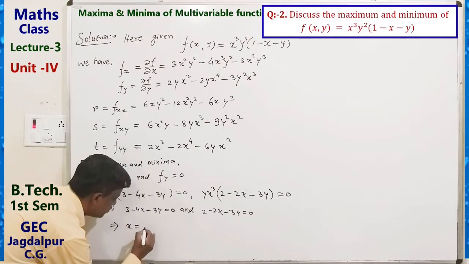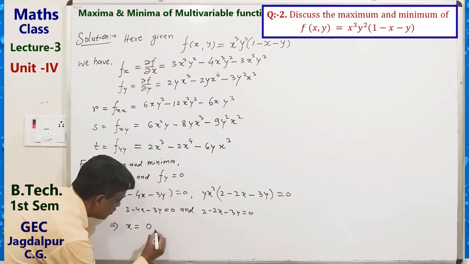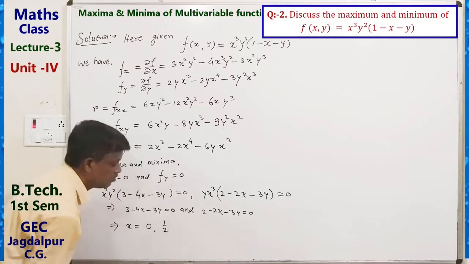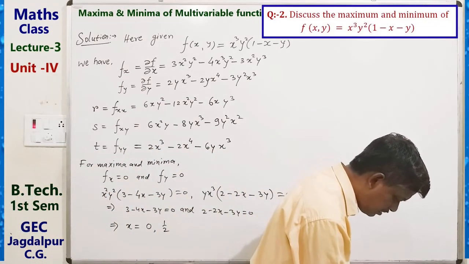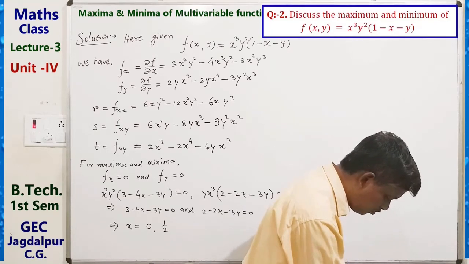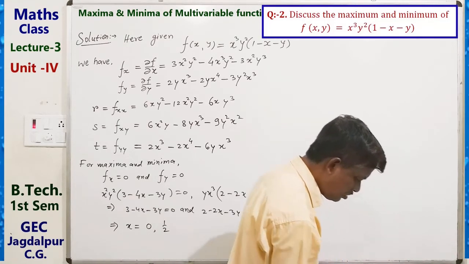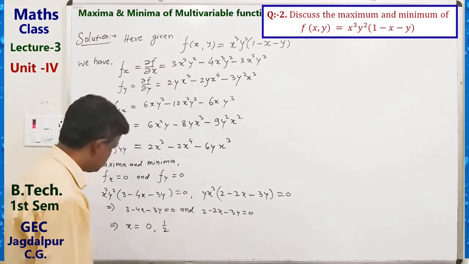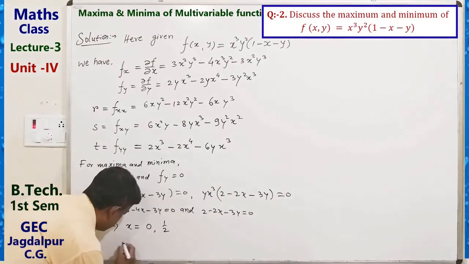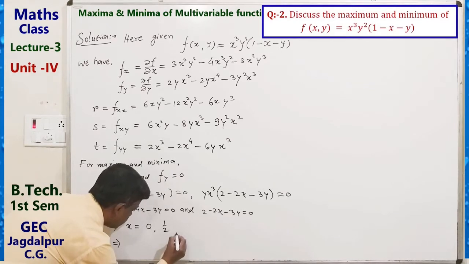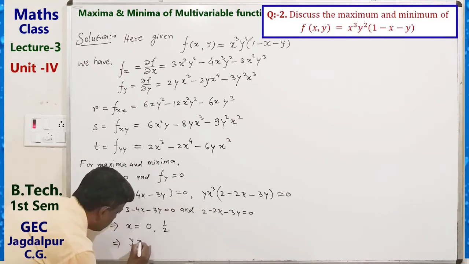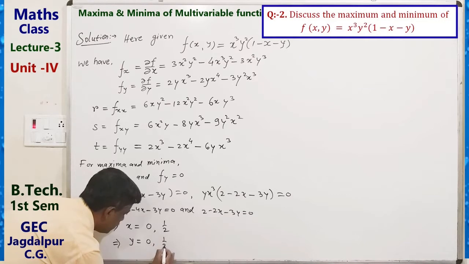X equals to 0 and 1 by 2. Okay. 0, 1 by 2 and 0, 1 by 3. So this implies corresponding value of y equals to 0, 1 by 3.